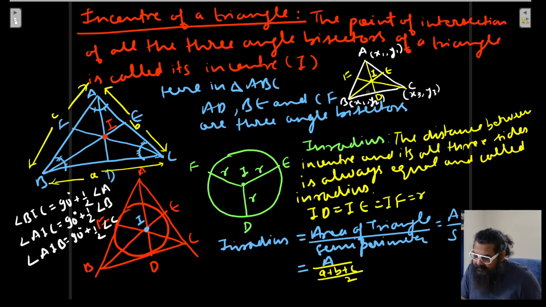BC is equal to a, AC is equal to b, and AB is equal to c. We have already seen this.